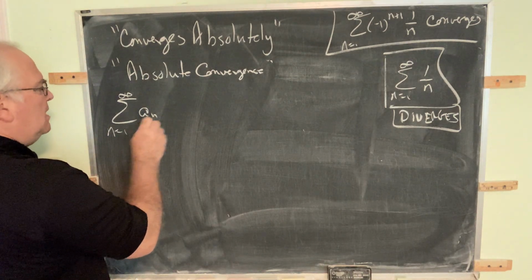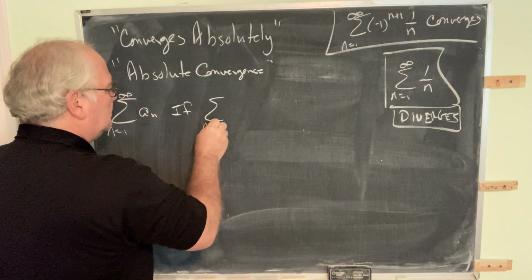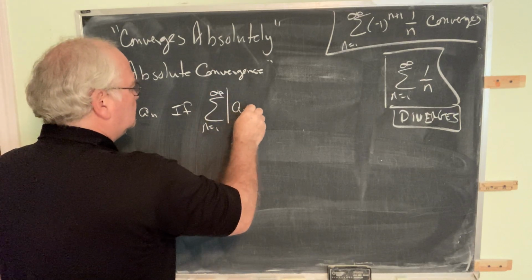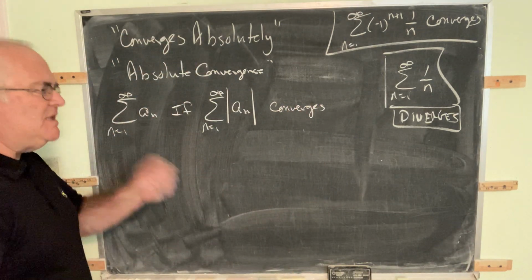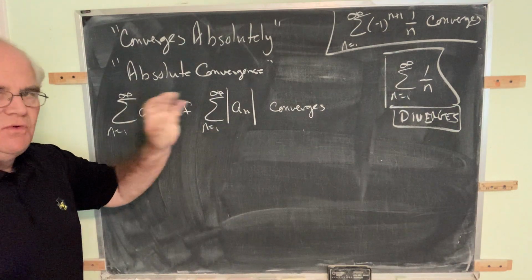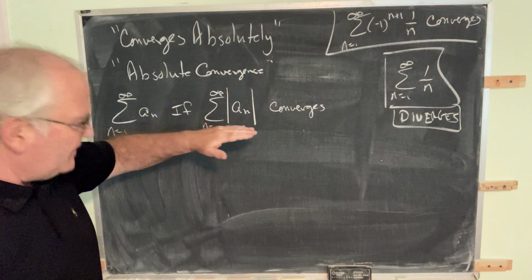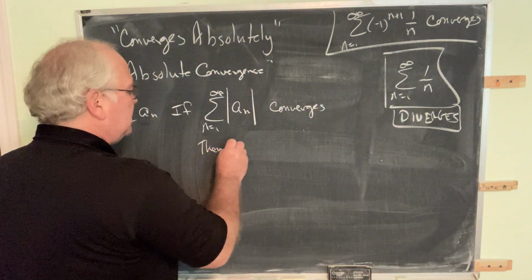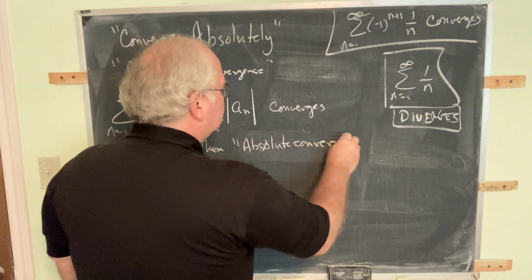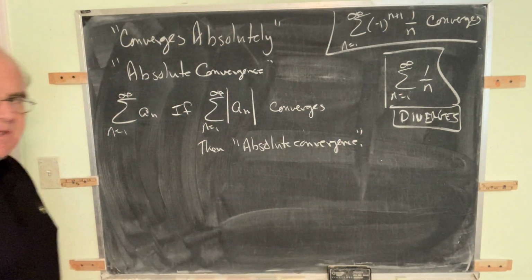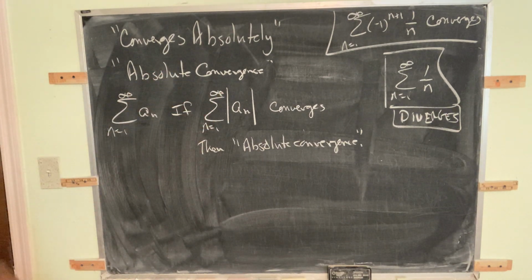This converges absolutely, we say, if you first take the absolute value, if you throw in absolute value for any reason at all, and that converges, then we say this is absolute convergence.